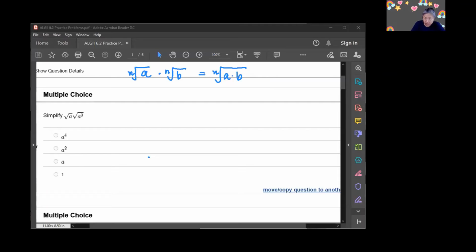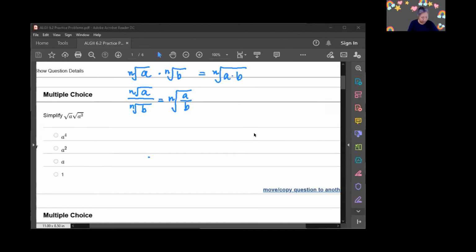So it's vice versa, it's an equal sign. And if you see the nth root of A divided by the nth root of B, this is also the same as the entire radical with the nth root as the index, of A over B, right? If you know this principle, everything assigned in this 6.2 practice problem is just the same.